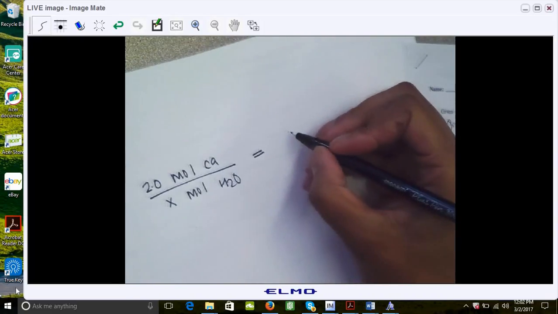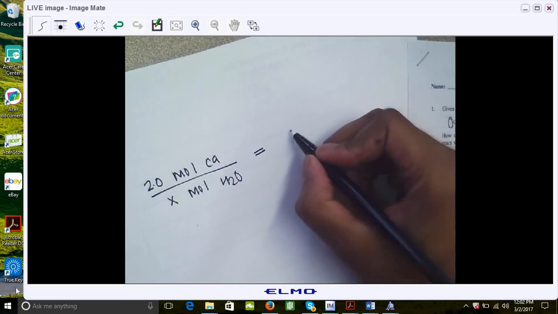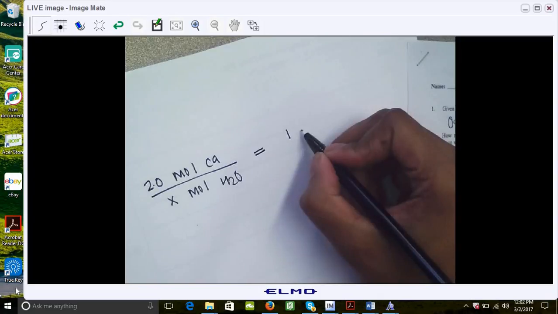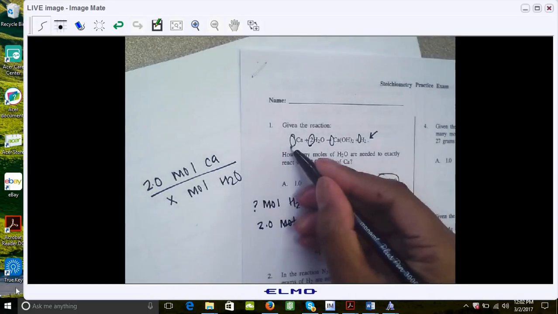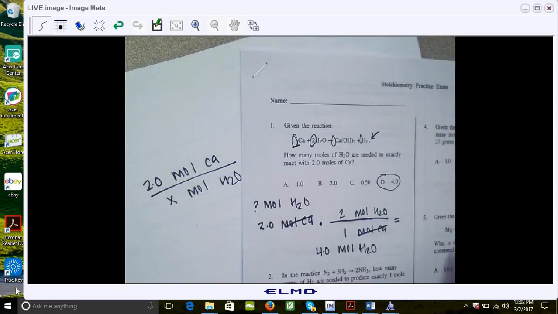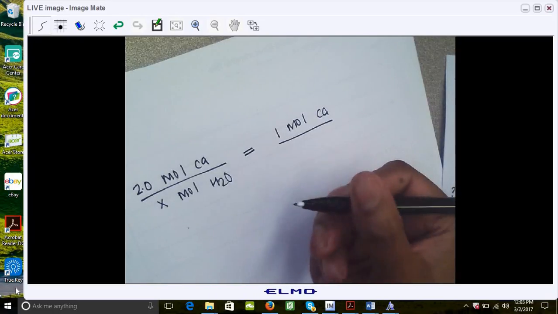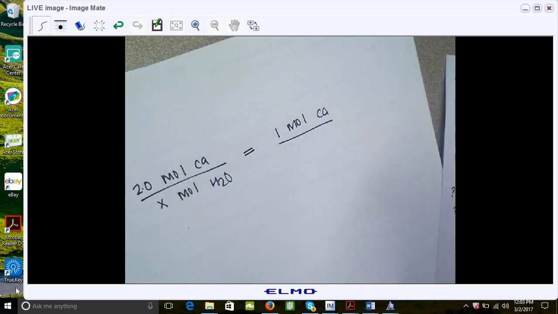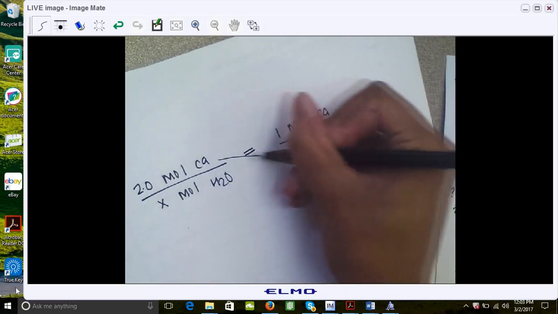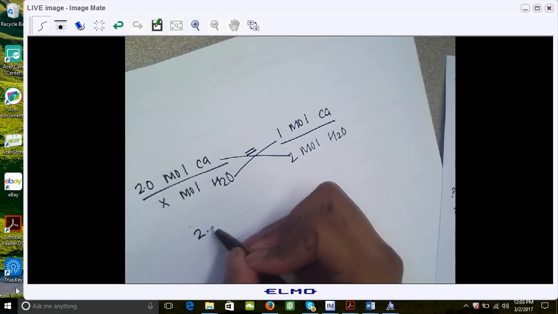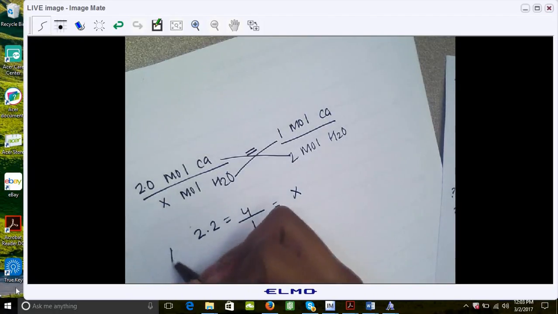And so by my equation I have 1 mole of Ca over 2 moles of H2O. So I'm going to cross multiply. I'm going to do 2 times 2, which is going to be 4. I'm going to divide it by 1 to find X.